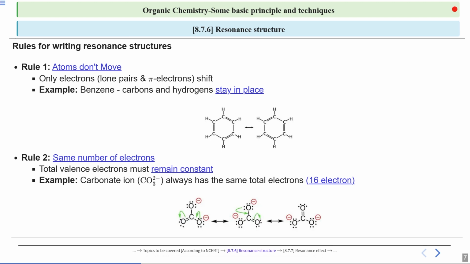The tail of the arrow is the source of the electron, and the head of the arrow is representing where this source is sinking its electron or moving its electron. So here you can see that the electrons are moving with the help of arrows from here to there. Now this movement is only changing the position of electrons, but not the total overall count of electrons.